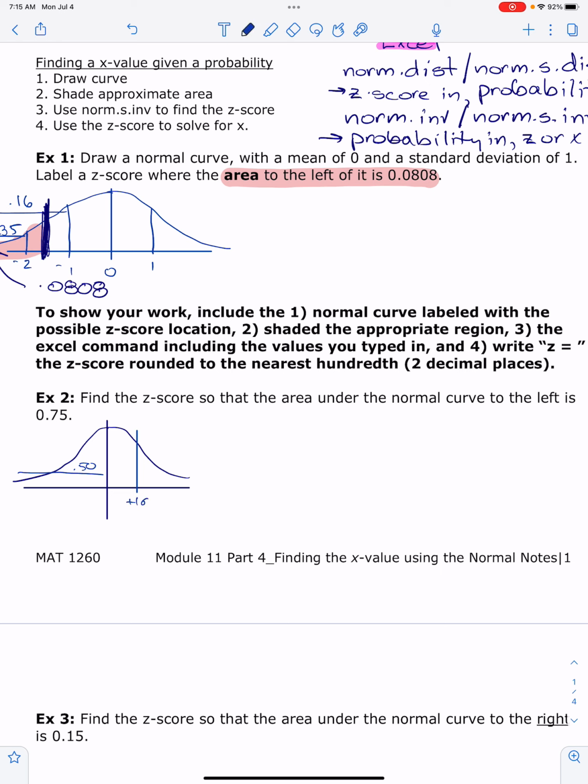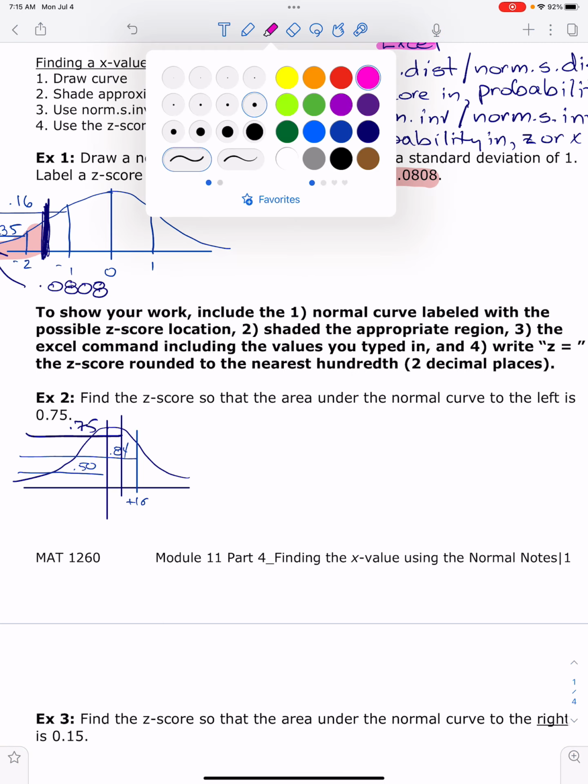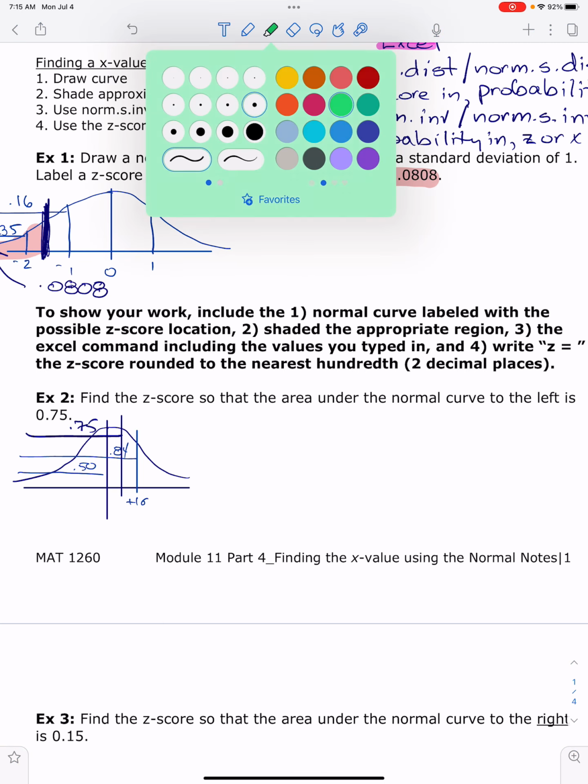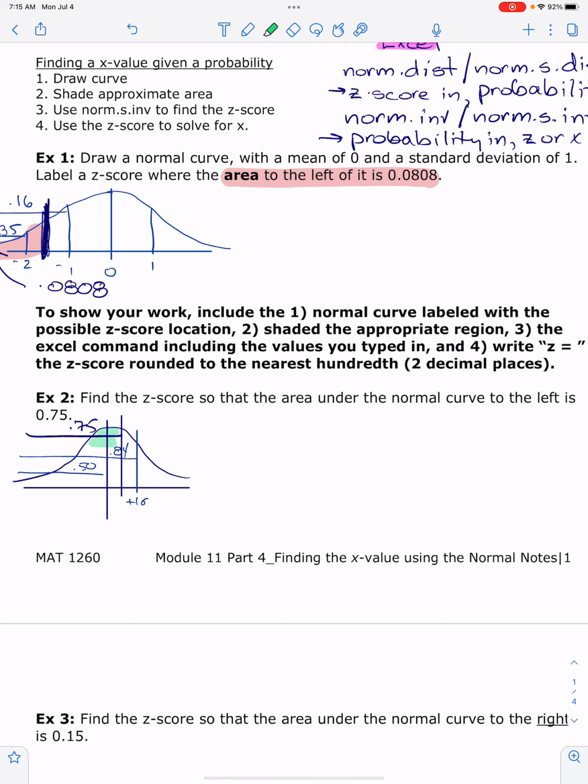So we know that 0.75 has got to be somewhere in the middle there. Again, it doesn't have to be that specific. Here's my line, here's my 0.75, and there's my area under the curve to the left. Okay, so that's steps 1 and 2.